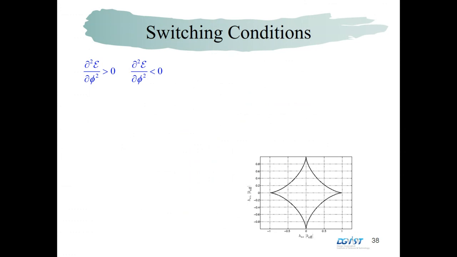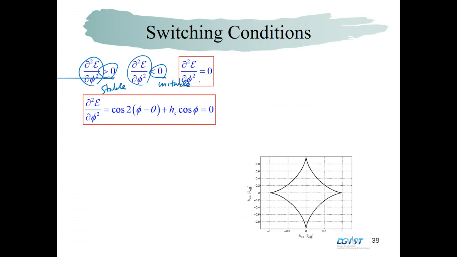And let's think of the switching conditions. When they change from positive to negative in the second derivative of energy, we already mentioned several times, they go from stable to unstable. So the switching occurs when they change from plus to minus.